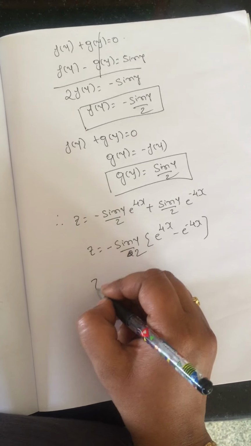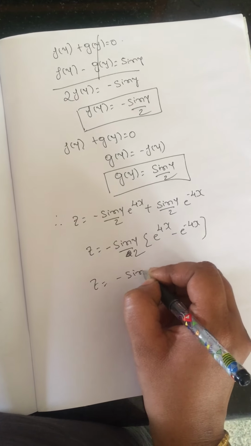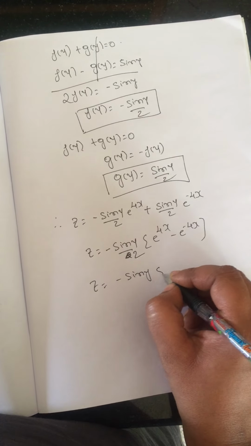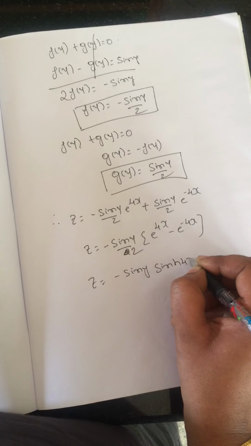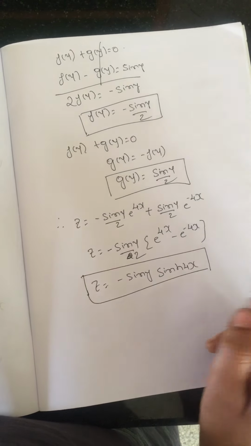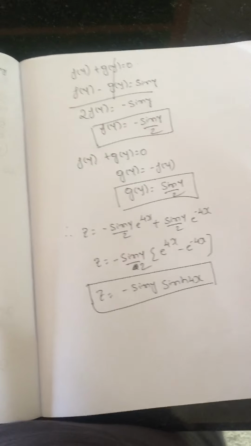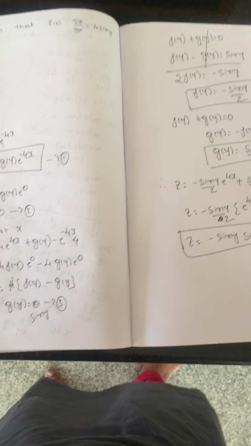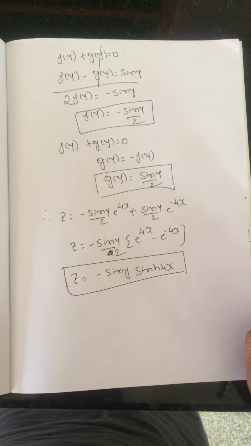Then z is equal to sin y into (e power of 4x minus e power of minus 4x) by 2, which can be written as sin y sinh 4x. So, we get the solution. Like that we have to solve the given equation containing one independent variable. If you have any doubt or any confusion, please contact me.